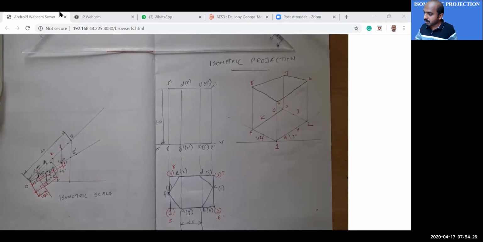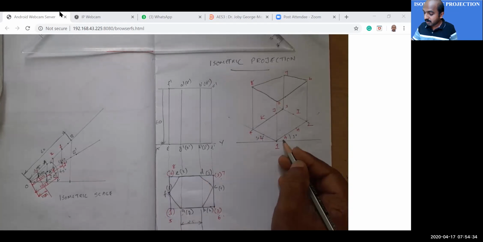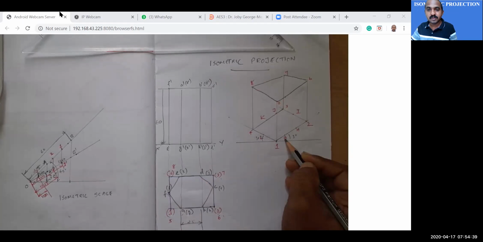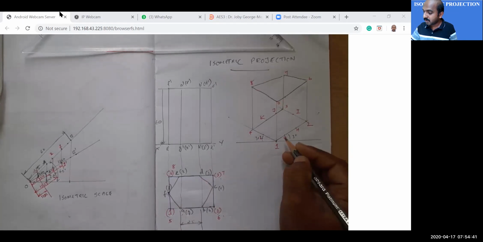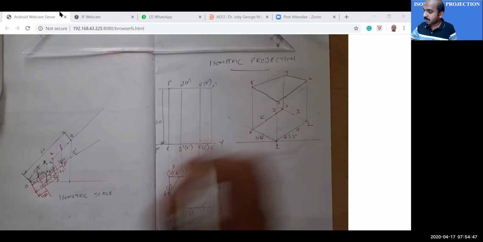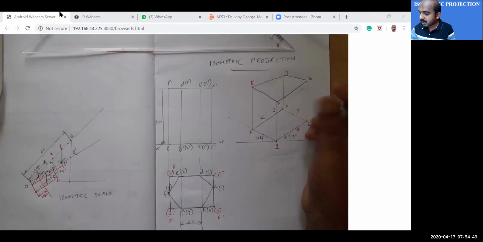Now you can locate A, B, C, D, E, and F. What is 5A? 5A is equal to 1G. So you measure the isometric length corresponding to 1G and mark it here. The point is capital A here.